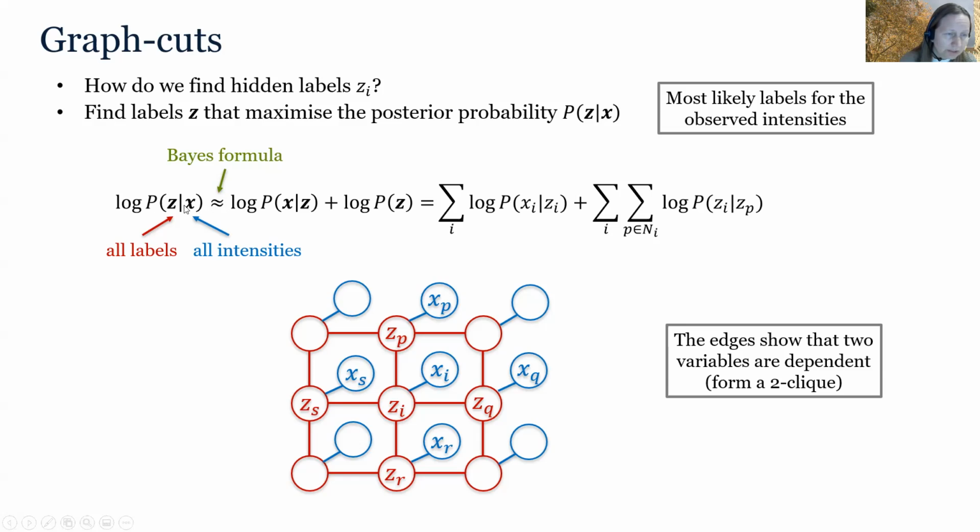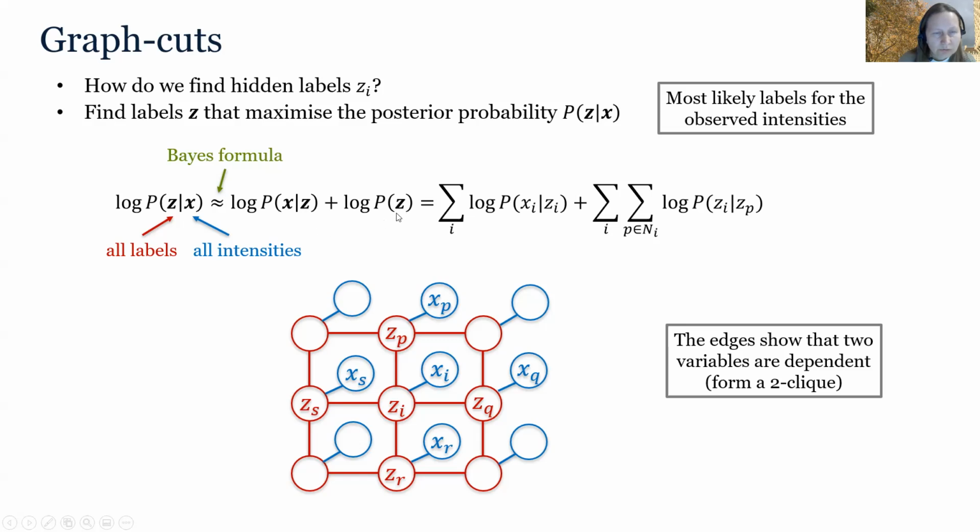Because we are working with the logarithm, we will get a sum of 2 terms: this is the log likelihood and this is the log prior. There should be a third term as well, but this term is not dependent on labels, so we can ignore it because it will not change anything in the optimization. This is the likelihood of observed intensities given all the labels, and this is the prior for all the labels.